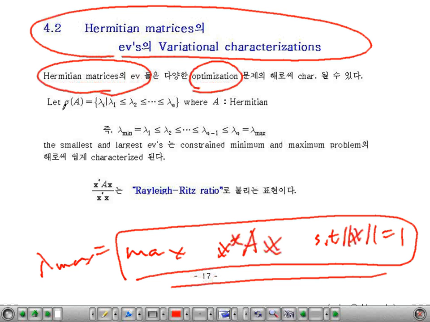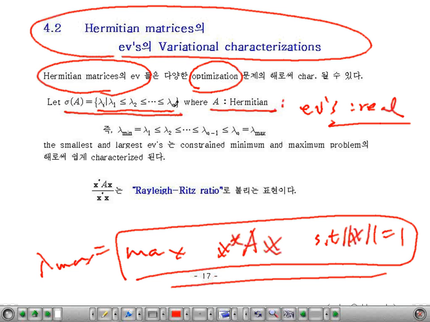Let's see. Suppose A is a Hermitian matrix. Then all the eigenvalues are real, so we can give an order. The set of eigenvalues are lambda i's, and we give an order in this way. Lambda 1 is the minimum eigenvalue, and lambda n is the maximum eigenvalue.